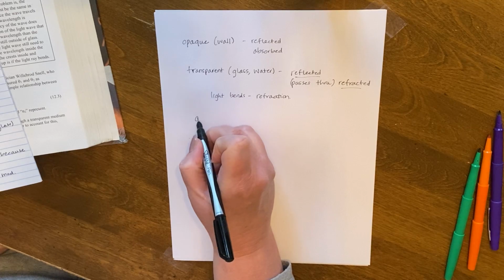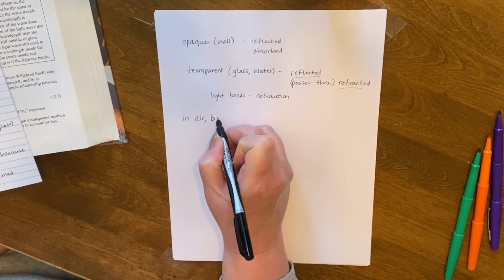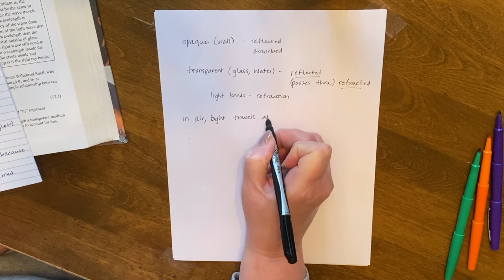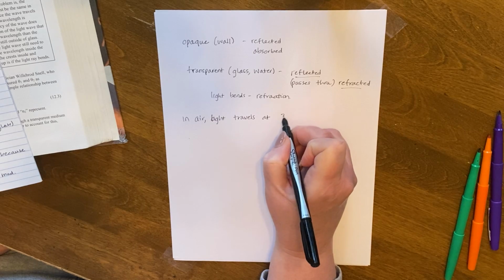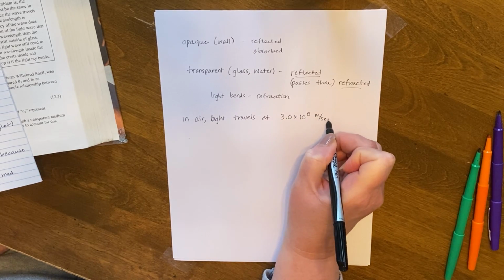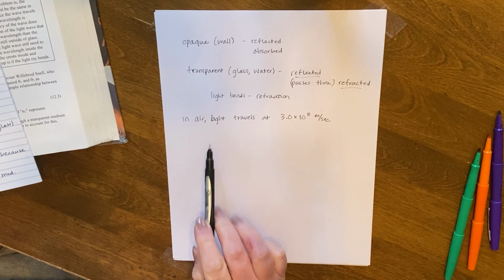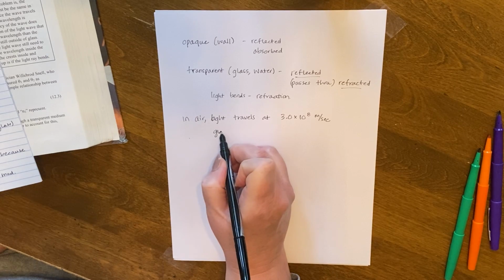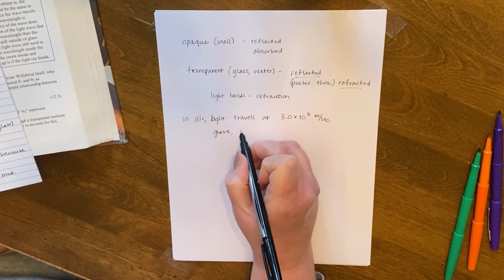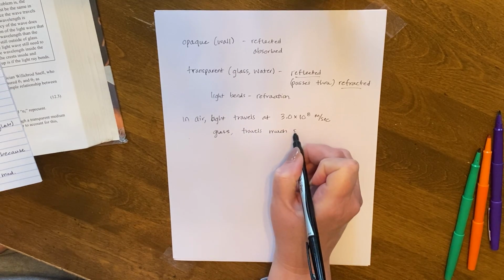So in air, we learned that light travels at 3.0 times 10 to the 8th meters per second, okay? But in a denser medium, like glass, let's just say, it travels much slower.